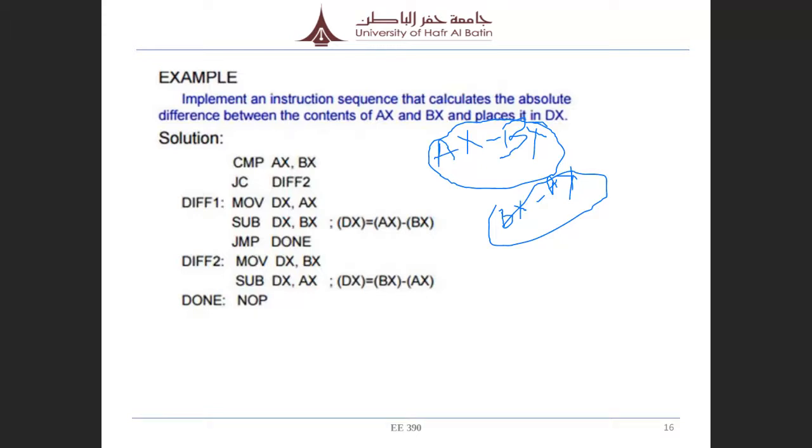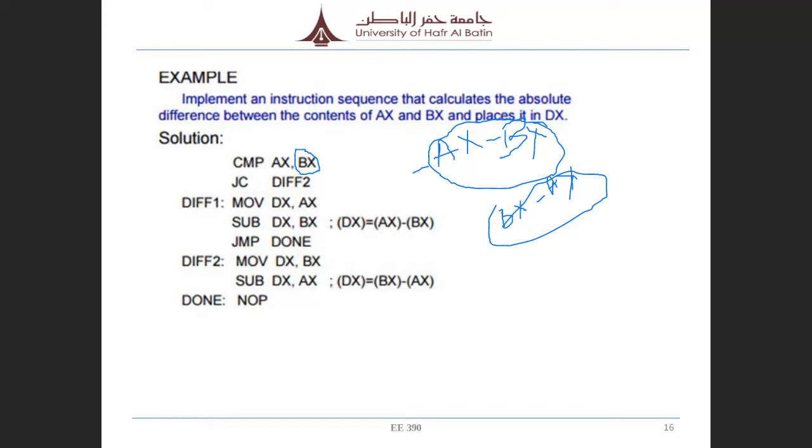A carry happens if BX is greater than AX, and no carry happens if AX is greater than BX. If AX is greater than BX, we perform AX minus BX. So if no carry, we come here: move DX comma AX, the value is moved to DX, and sub DX comma BX.